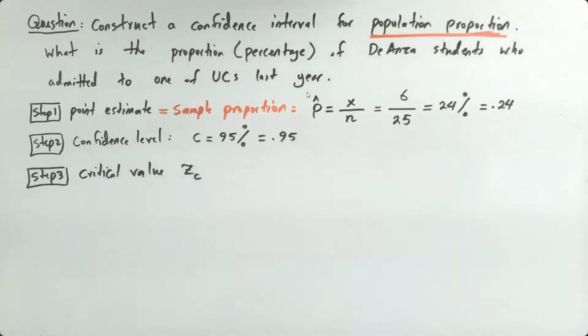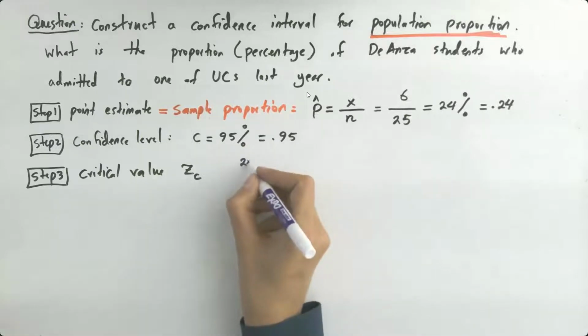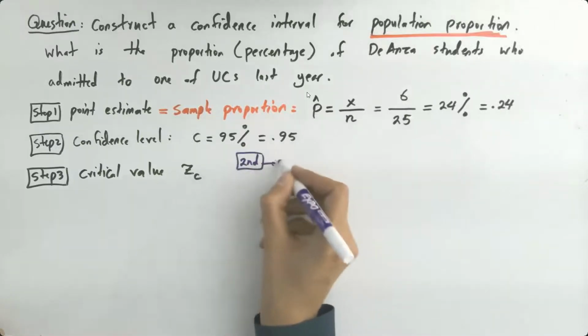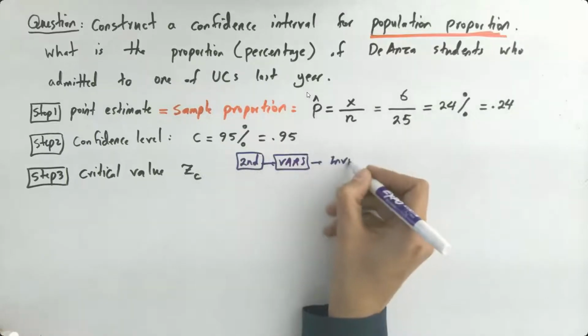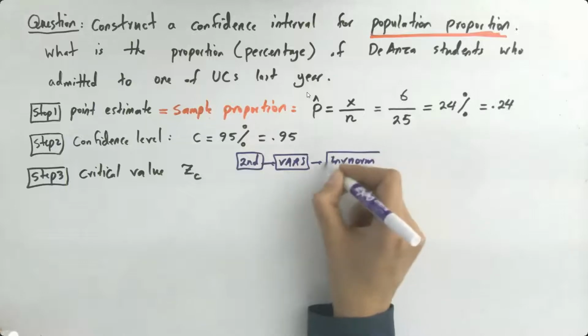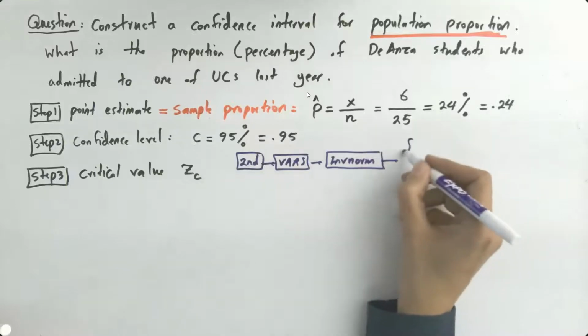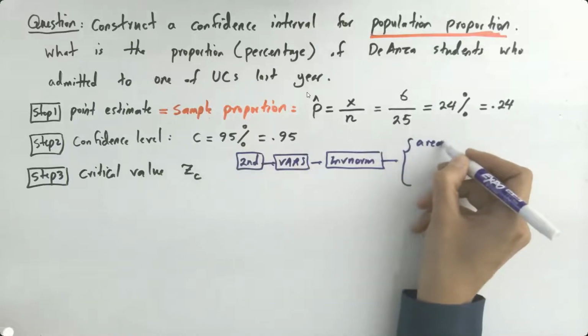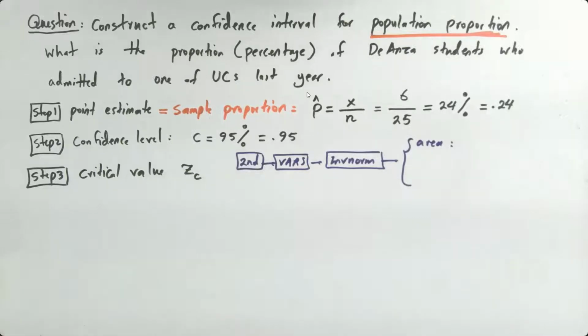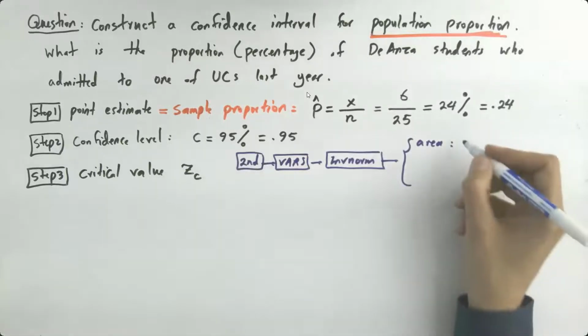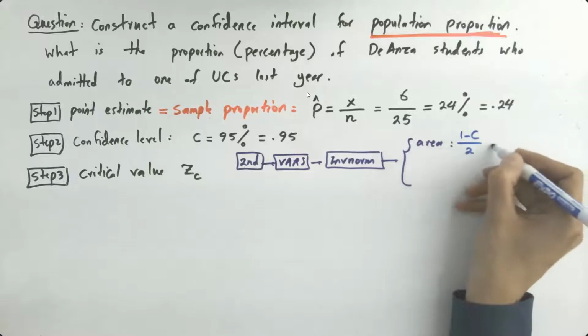Let us use our calculator. Go to second, vars, inverse norm, and enter the information. I need the area. Remember, the area was 1 minus C divided by 2.